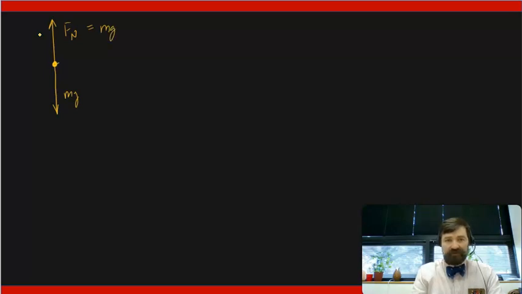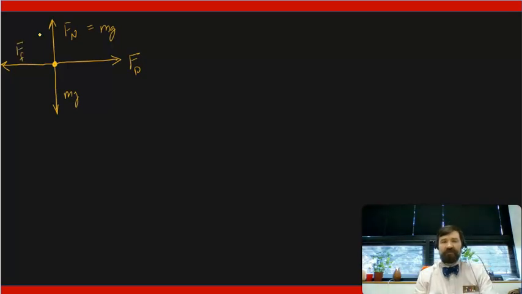On the other hand, we have this force that we're pulling with. We can call it Fp for pull, and we have in the other direction the friction force, F friction. I'm just going to use a lowercase f in the subscript.